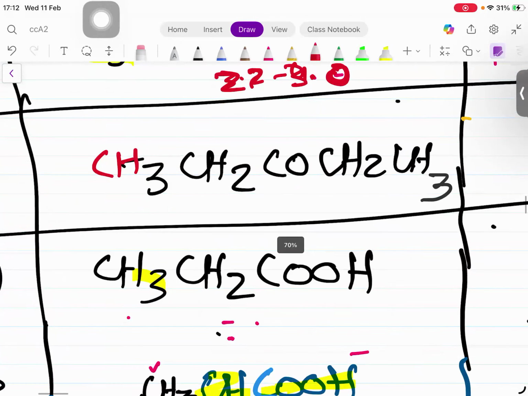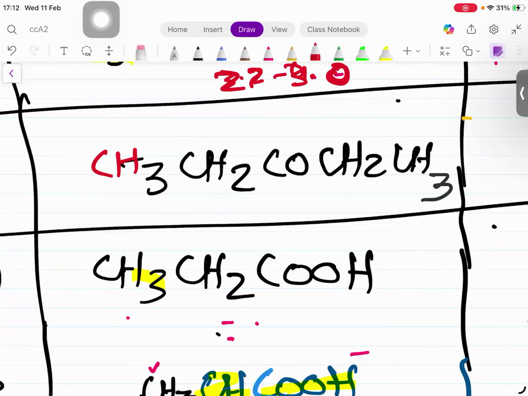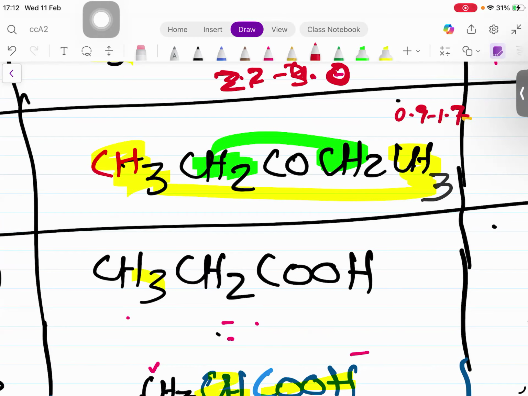What about this one? Sorry, 2 peaks, because these two CH3s contribute to 1 peak, and these two CH2s contribute to 1 peak. So the value is 0.9 to 1.7 for this, or 2.2 to 3 for these. Okay.